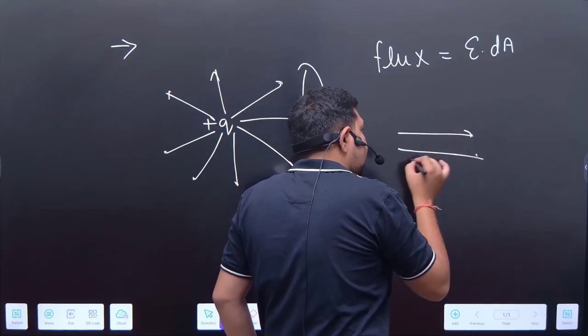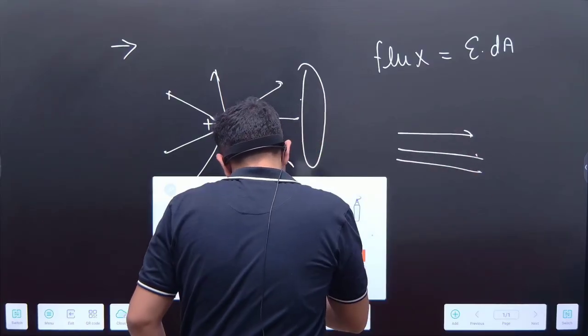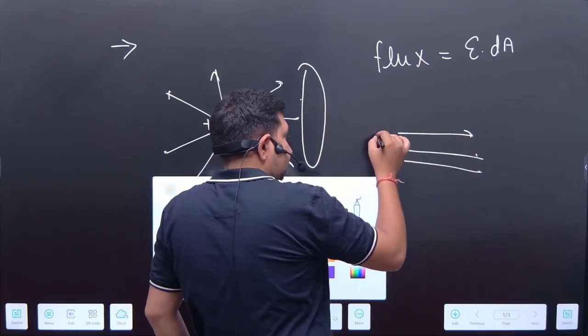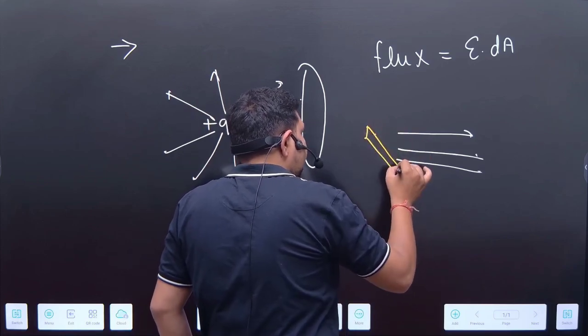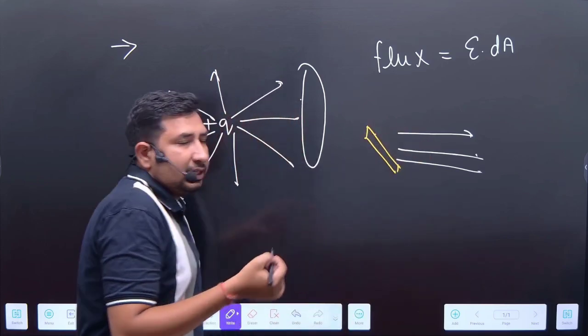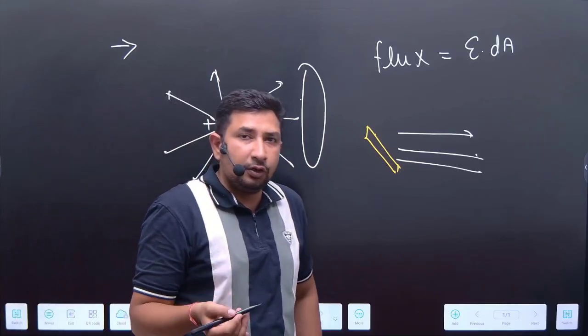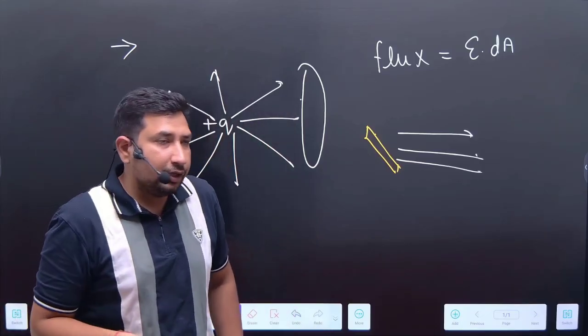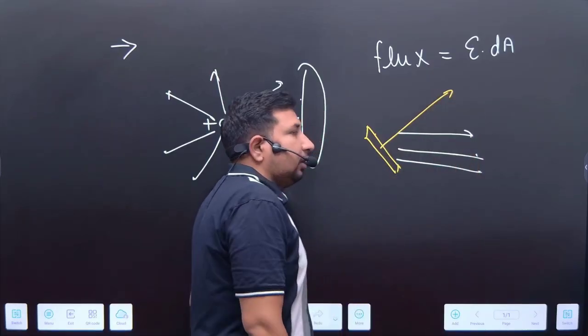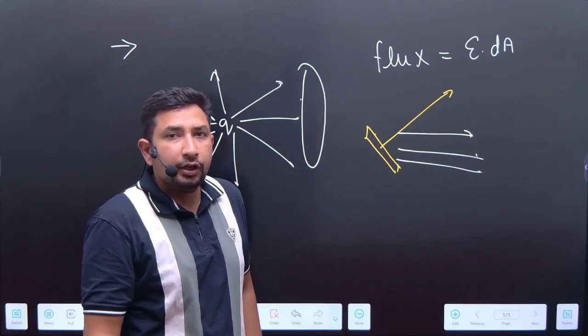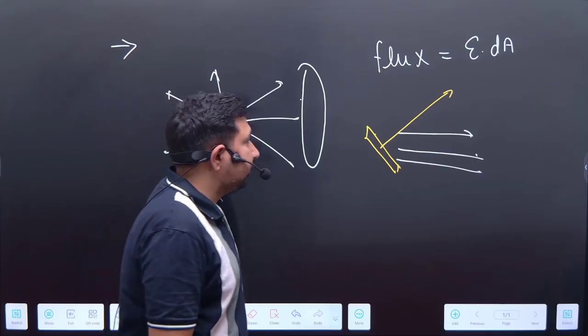Suppose we have some electrical field, and there is some area. The electrical field is in this direction, while the area would be in this direction. As you know, area is a vector quantity, so it would have some direction. The direction of area is given by a line perpendicular to the area itself. That would give us the area vector.